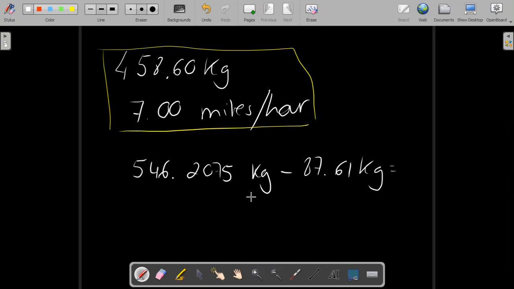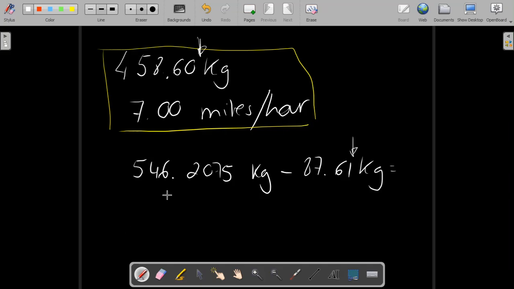You need to go with the least precise. That means the one that has fewer digits after the decimal point. This one only has 2, this one has 4. So you need to stop in the 100ths position. Put it in the calculator, and then you stop in the 100ths position right here. That's how you get this answer.